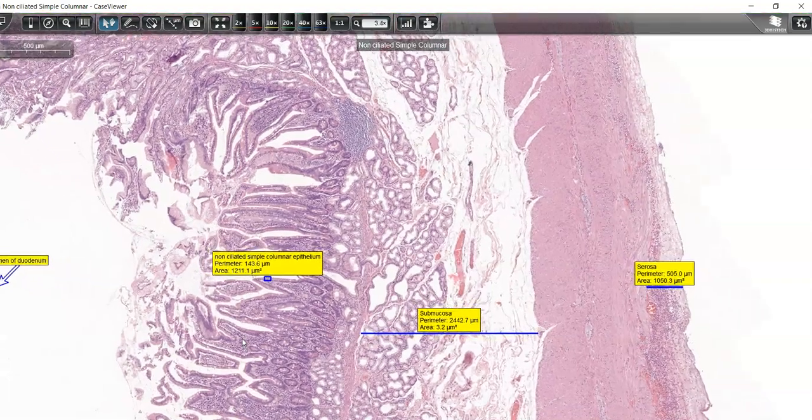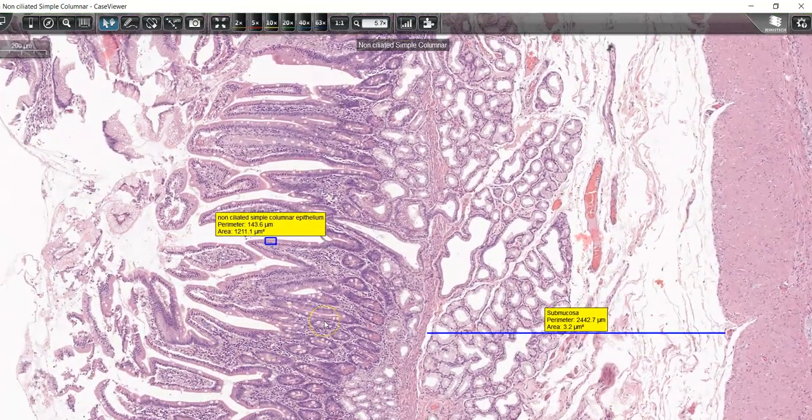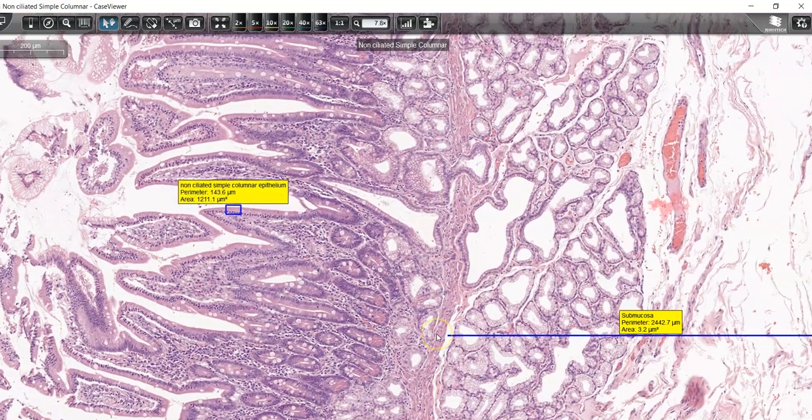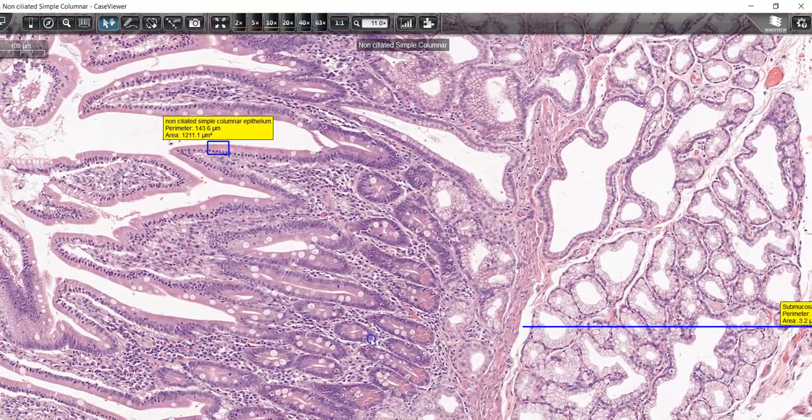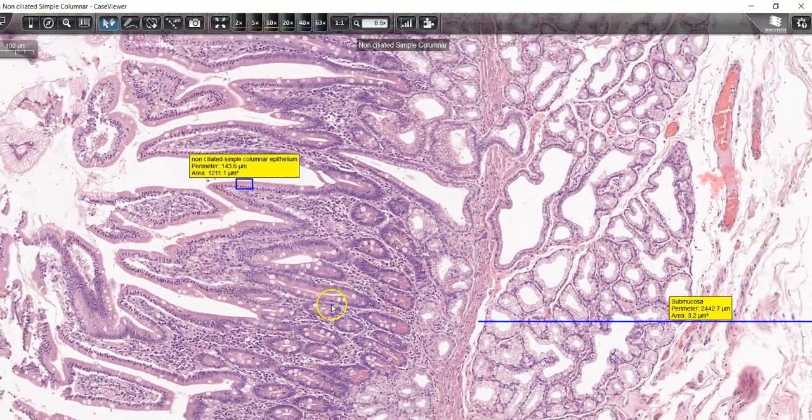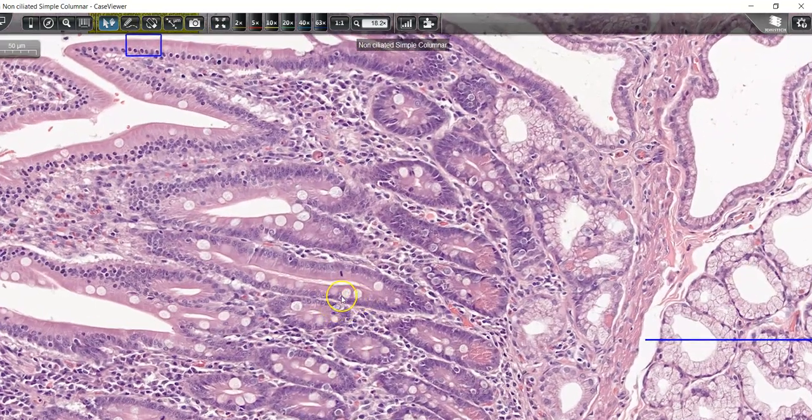In this mucosa layer, we can observe several histological appearances, which are the muscularis mucosa, the layer that marks the end of the mucosa layer, as well as the presence of the intestinal glands.